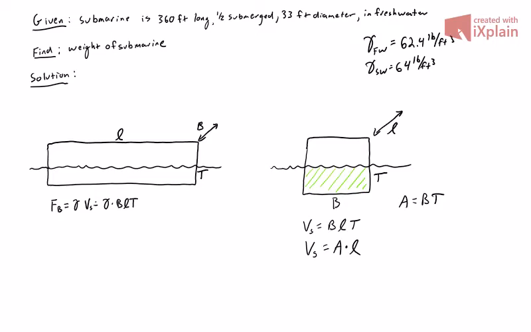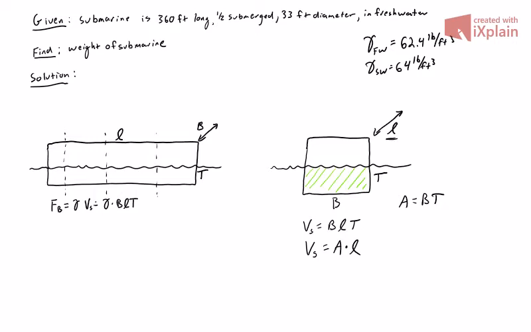Keep in mind, this only works if that area is uniform going all the way back. If you look at our barge, the area at this point is the same as the area at this point, and the same as the area at this point, because we said it was a perfect rectangle.